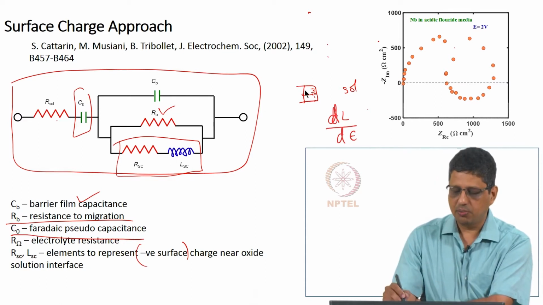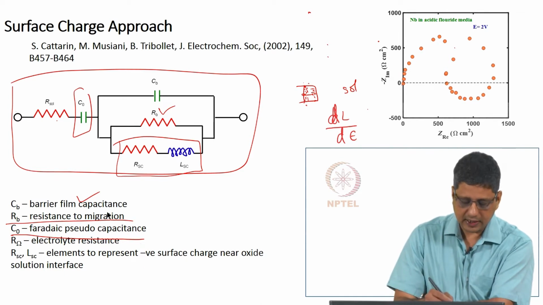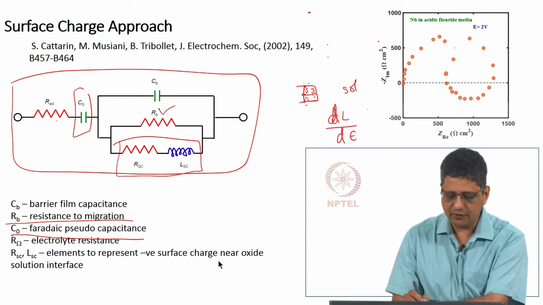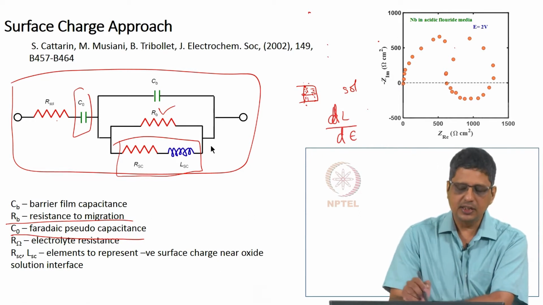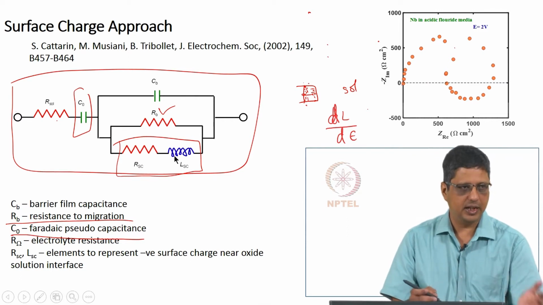Of course, you have more positive charge here if you assume that anion vacancies are produced here, cation vacancies are consumed. So, mostly it is filled with cations and they are getting taken up, vacancies are taken up. If I understand correctly, the journal article says that this represents a negative surface charge near the oxide solution interface. This circuit is used to model. Of course, these elements are related to the diffusion and kinetic parameter values.